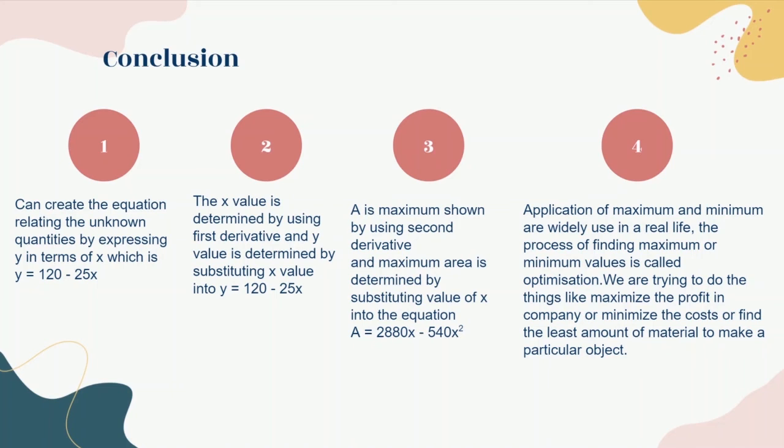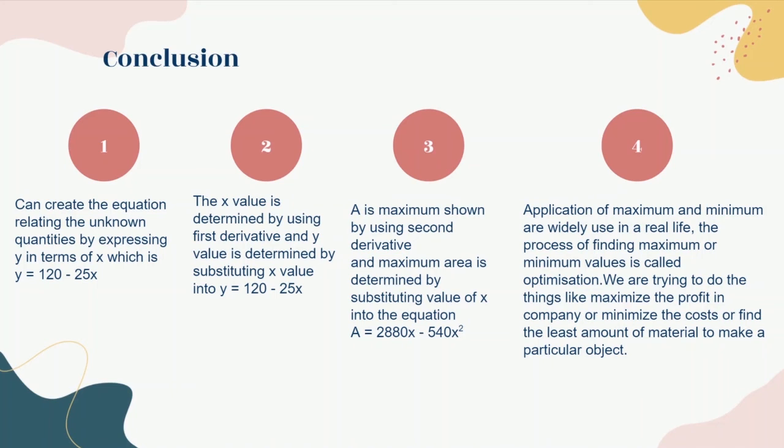Third, A is maximum, shown by using the second derivative, and the maximum area is determined by substituting the value of x into the equation A equal to 2880x minus 540x squared.